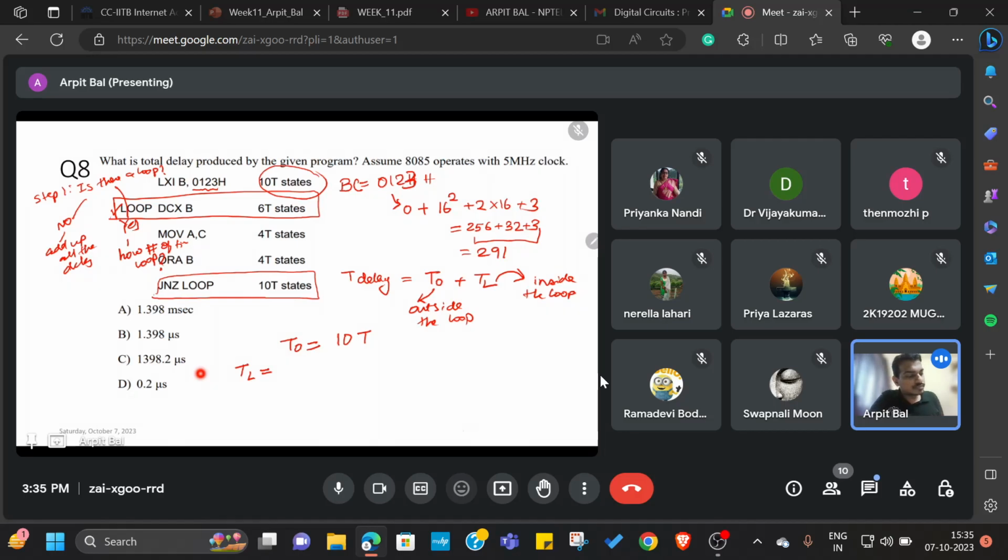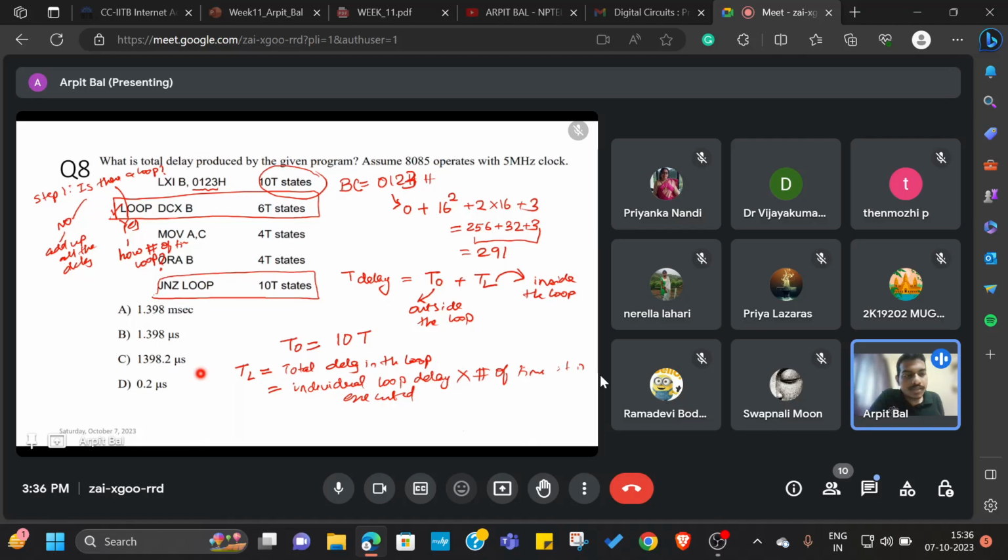TL is equal to the total delay in the loop, that will be equal to the individual loop delay into the number of times it is executed.